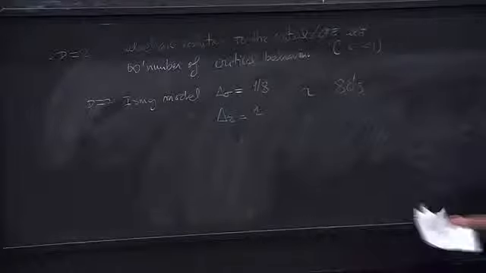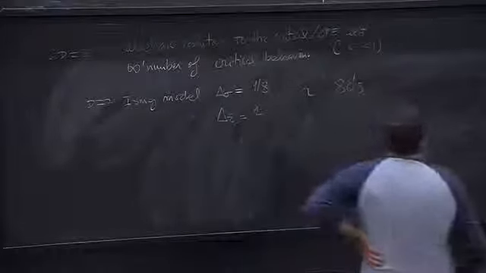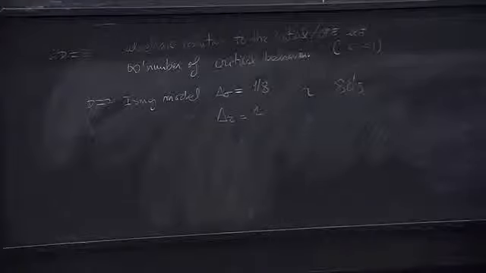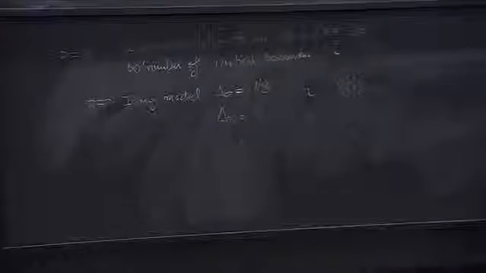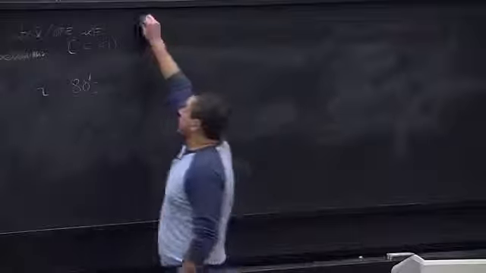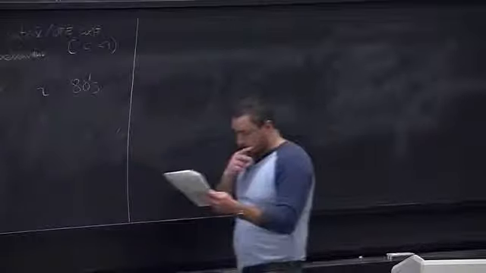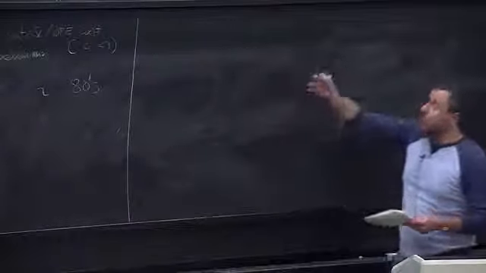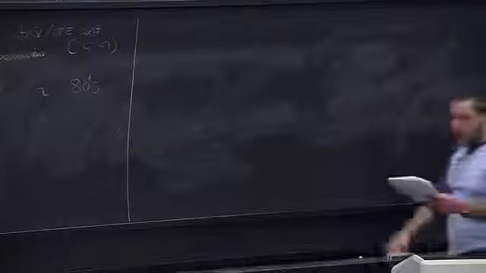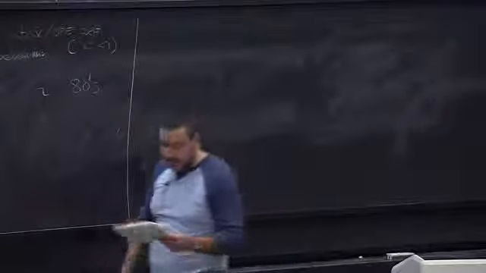Okay, so this problem of using the bootstrap in higher dimensions was essentially stuck for many years until recently. There was a breakthrough, and people have studied this equation in 3 dimensions. Unfortunately, you have to study this equation numerically, and try to put constraints on what is the consistent data.